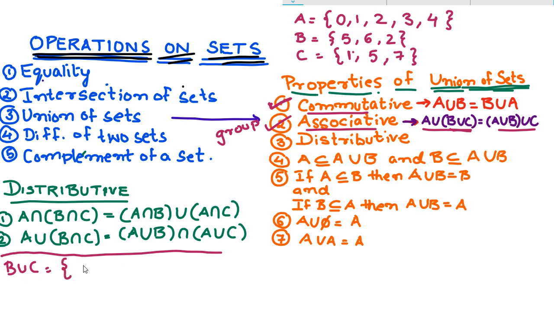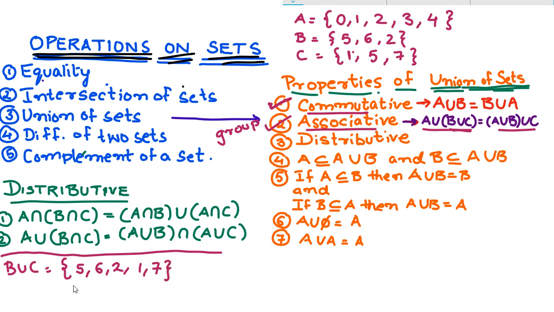Union is basically combining the elements of both the sets B and C and writing the common elements only once. So 5 is a common element. So we have 5, 6, 2, 1, and 7, right?